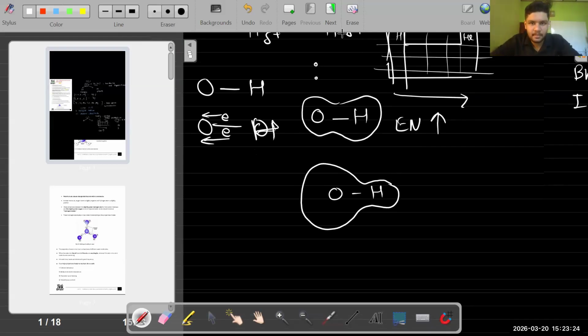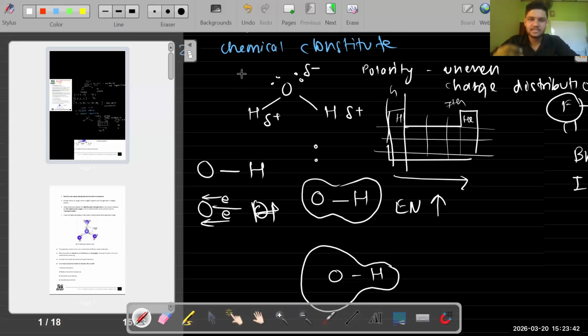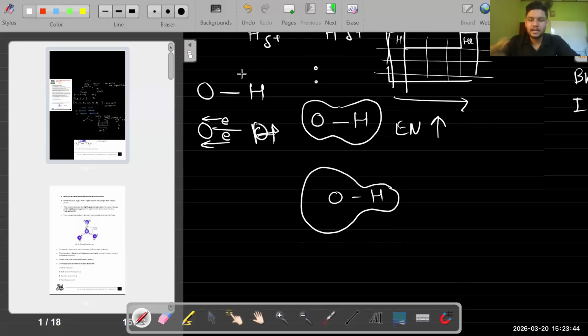Is it clear? It won't be equal, it will be unequal. Clear, right? This is more in your chemistry, but just to understand this concept.